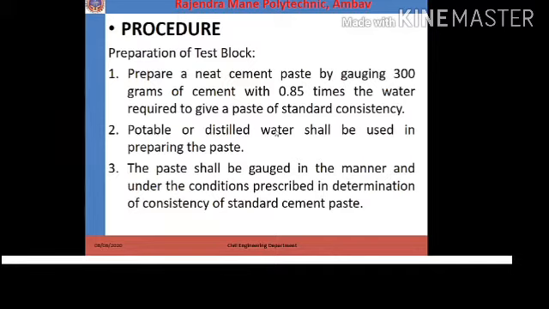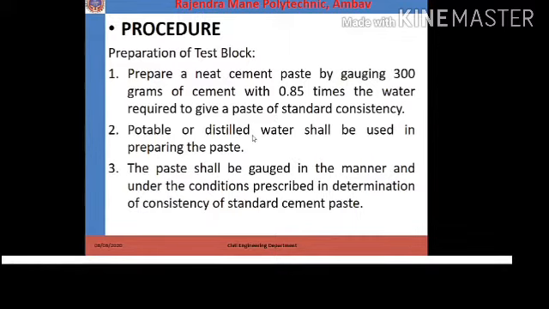We have to prepare a test block for finding the initial and final setting time of cement. To prepare the test block, we take 300 grams of cement with 0.85 times the water required to give the paste of standard consistency.